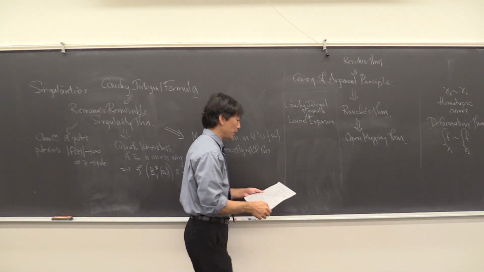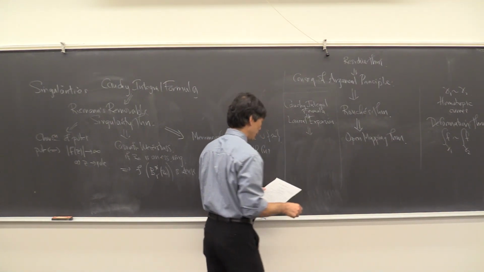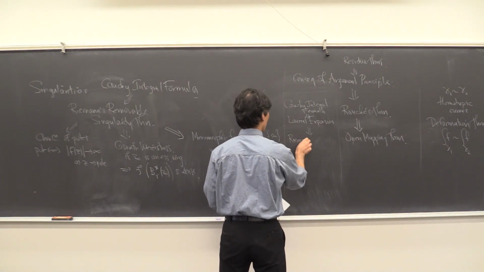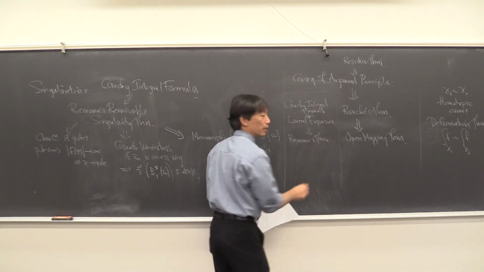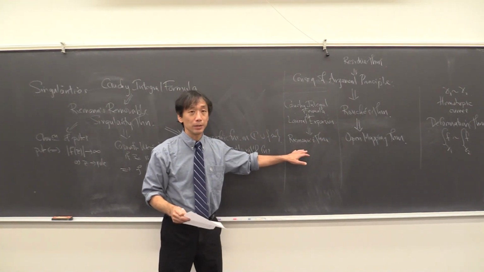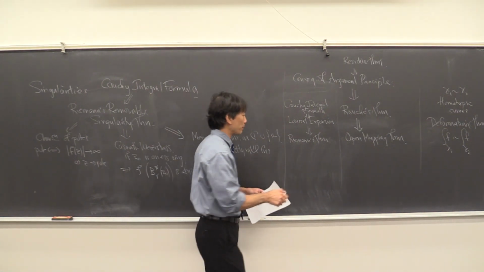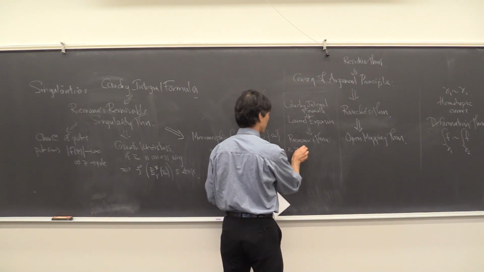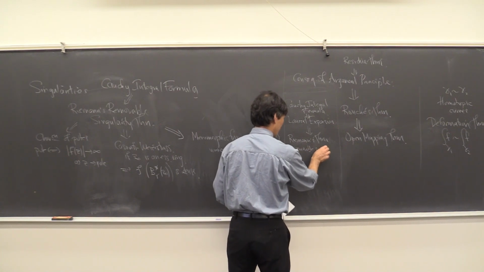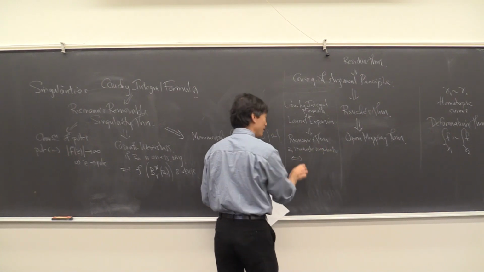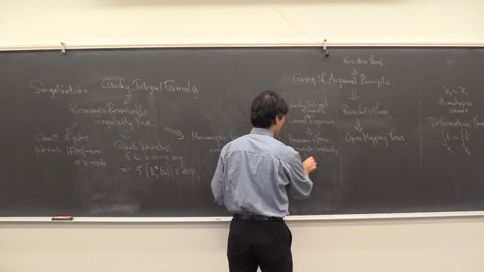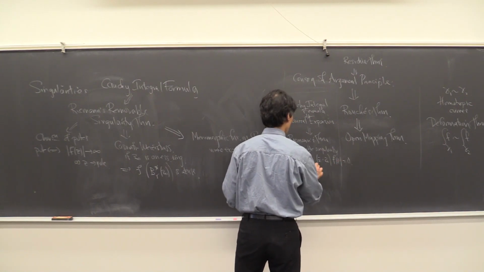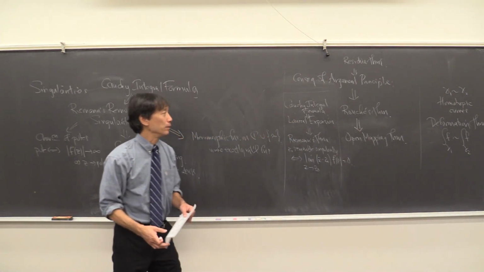And from the Laurent expansion, we got another way of thinking about Riemann's theorem: a singularity is removable if and only if the limit of (z minus z naught) times the function is 0 as z goes to z naught.